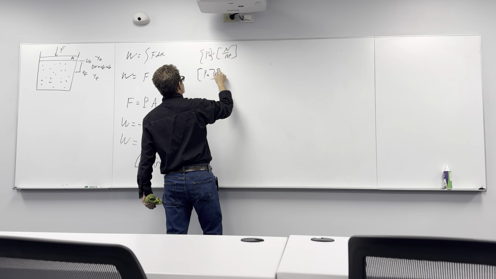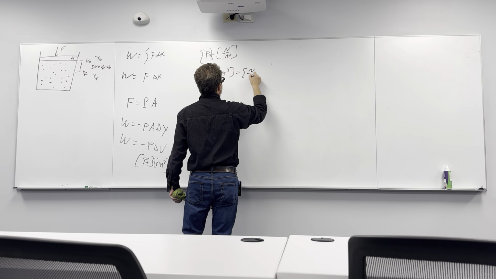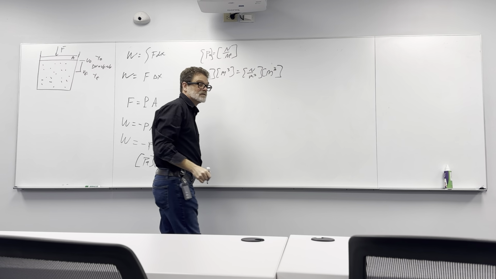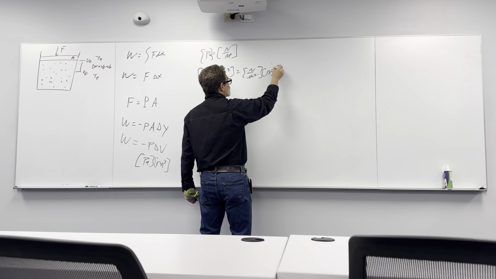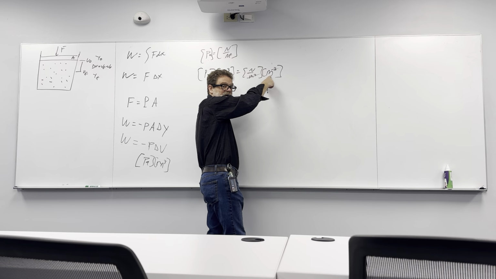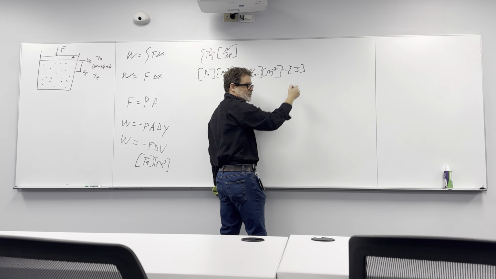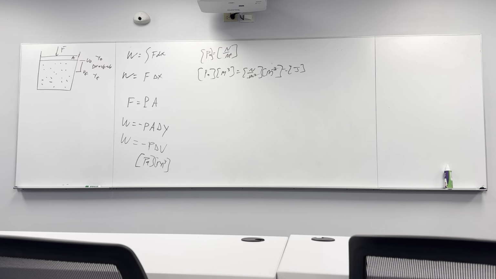That's newtons per meter squared times meters cubed. What cancels? Meters squared, leaving me one meter. Newtons times meter, which is force times distance, which is joules. So the units really work out. It's always good to know your units, right guys? Okay, so the units work. Now, what does the integral form look like?